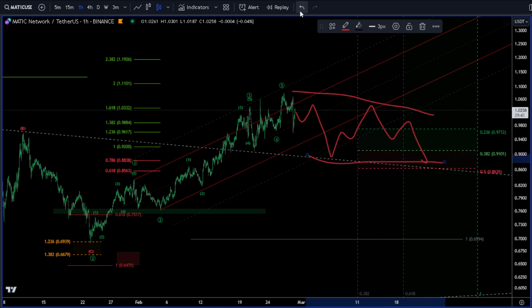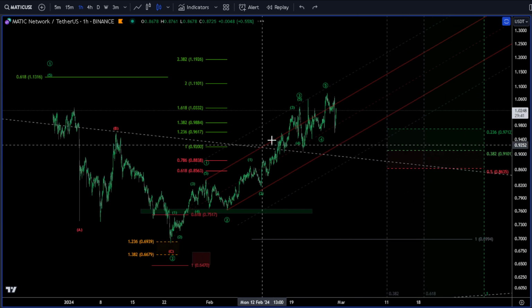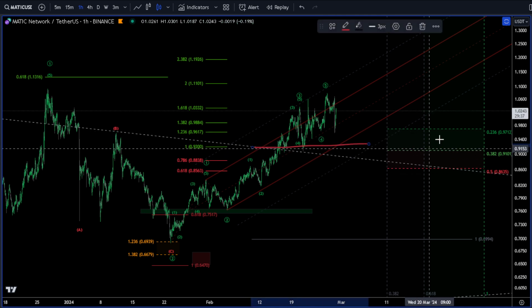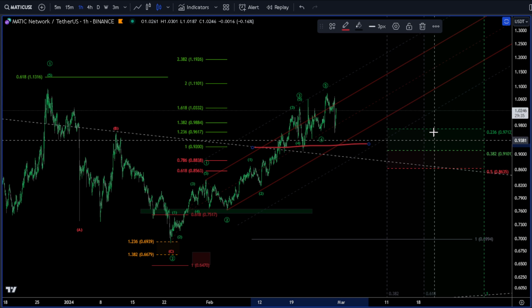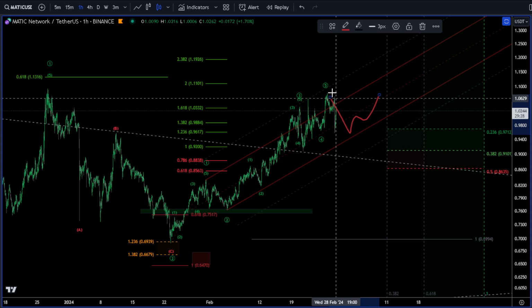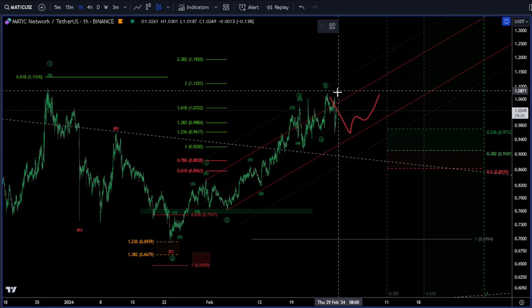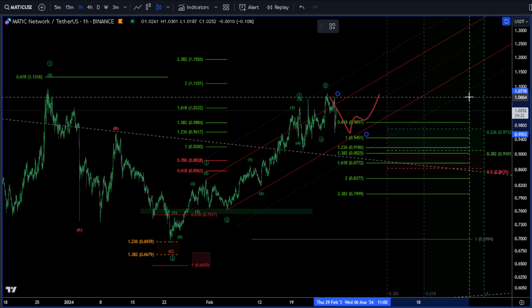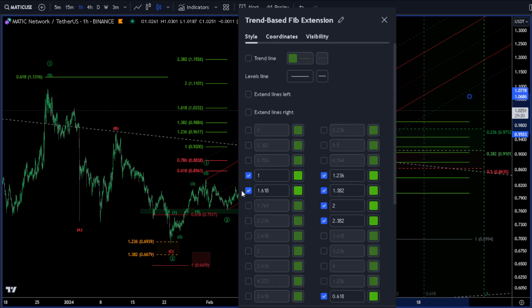We would like to see a light retracement hold this fourth wave. So we might just get between the 236 and the 382. We'll have to wait and see. And what we really need is the first wave down, a nice sideways move, so we can actually pull our fibs and project where that next wave will be at the 1-to-1.